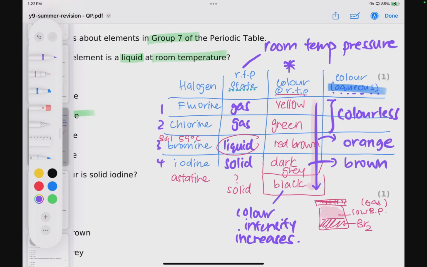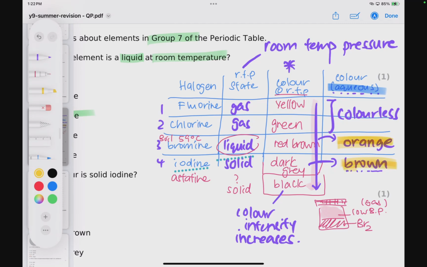For those of you who have had surgery before, when the nurse applies this antiseptic solution, you might get this brownish color on your knee or your elbow, depending on where they apply. That would be iodine. Iodine compound is used as an antiseptic. So you need to know these two colors. They are popular, and you cannot interchange them. For example, you cannot use brown for bromine when it's in aqueous solution. You need to use one shade lighter.